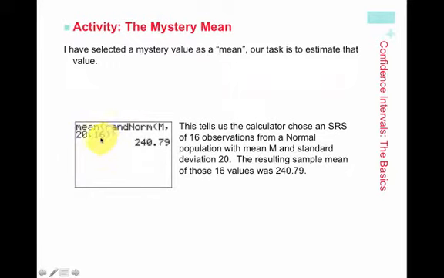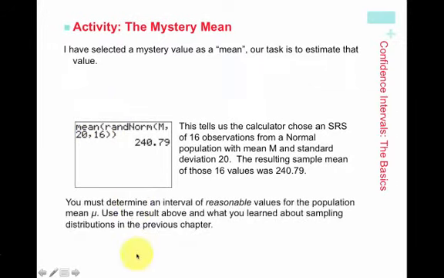And the average of those 16 values, the mean, is 240.79. So this is my x bar. My standard deviation is 20 for the population, and my sample size is 16. So our task here is to determine an interval of reasonable values for the population mean mu.